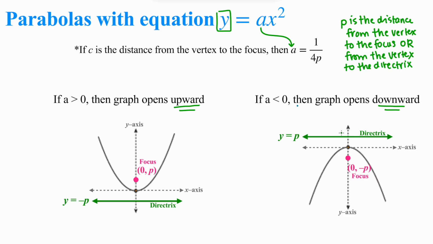Again, because we know that the distance from the vertex to the focus and the vertex to the directrix is the same, it does not matter which P you are to find, but P stands for that distance. If the graph is opening upward, that means that constant number in front is going to be positive, greater than 0. And if it's opening downward, then A is going to be negative.